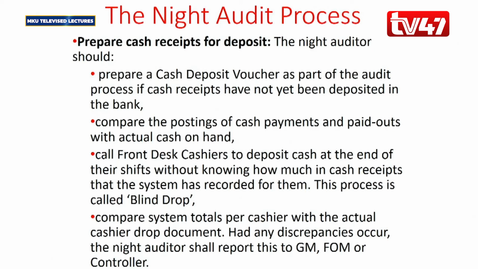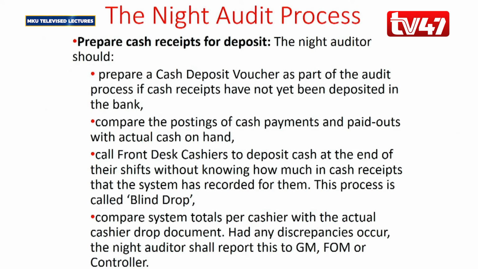Then they also call Front Desk Cashiers to deposit cash at the end of their shifts. This one we call the blind drop, where the cashiers deposit cash and they don't check in the system what the system says about it. So at the end of their shift, they deposit cash into the hotel cash deposit safe.